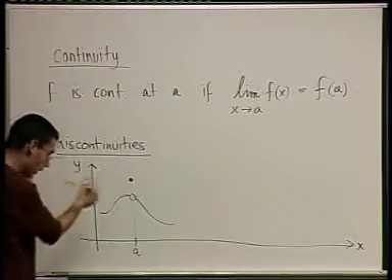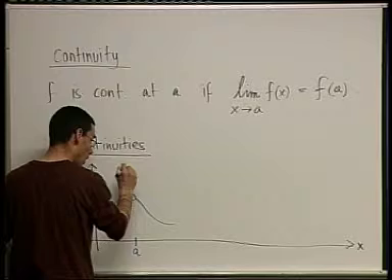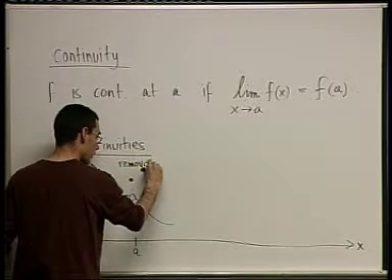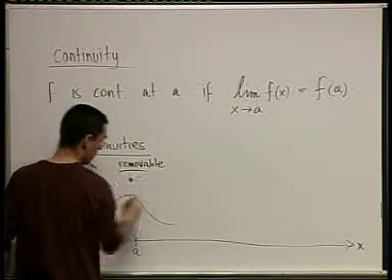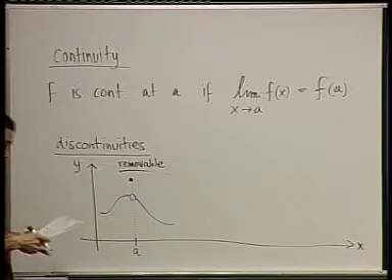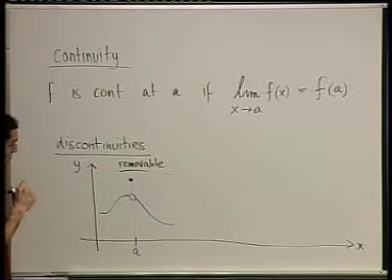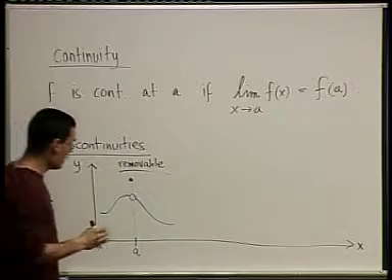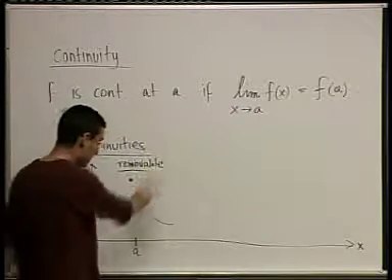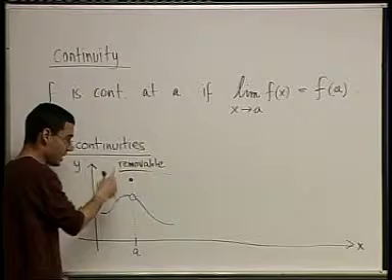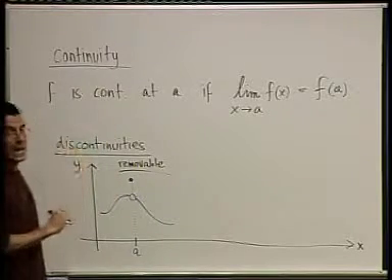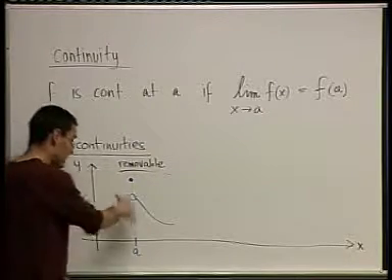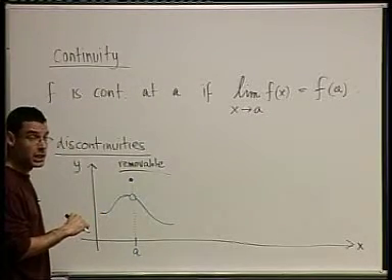So a discontinuity like this is called a removable discontinuity. That's the terminology that we're going to use. Okay? So the definition of a removable discontinuity is the limit exists, but is not equal to the value at the point.